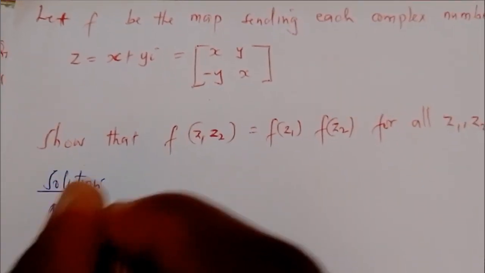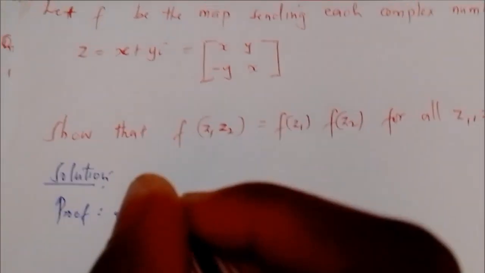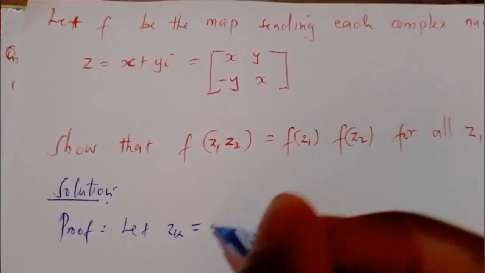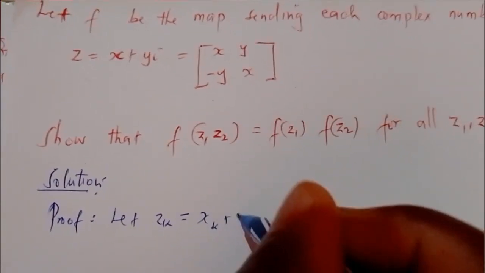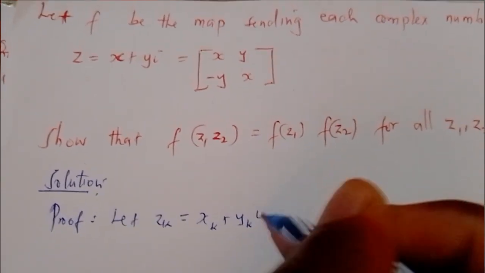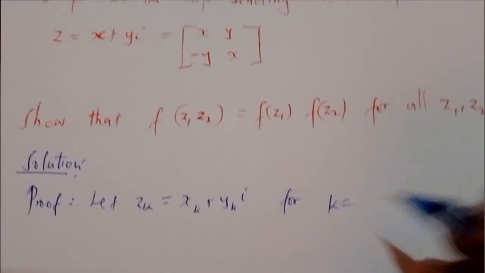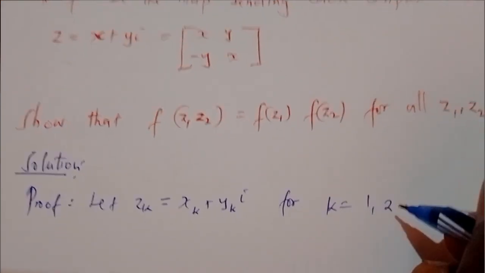I have a proof. Let zk equal xk plus yk i, for k equals 1, 2.